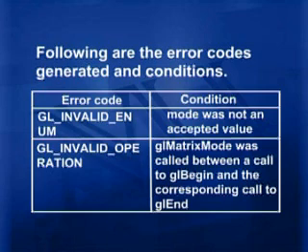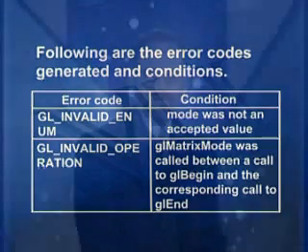Whereas GL_INVALID_OPERATION would be returned if glMatrixMode was called between a call to glBegin and the corresponding call to glEnd. Well, we'll talk about it later. The glBegin and glEnd pair can only allow a specific set of instructions to be written between them.